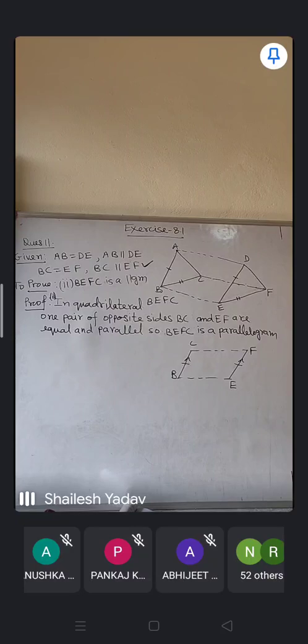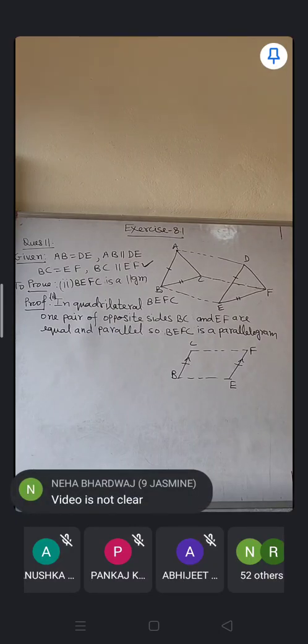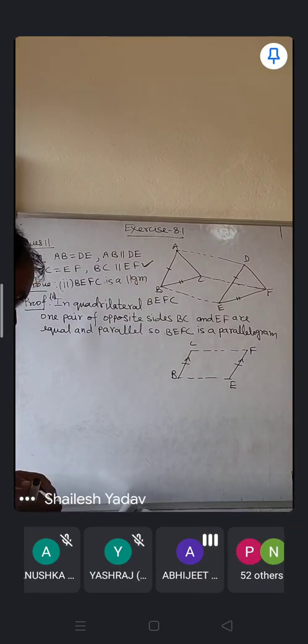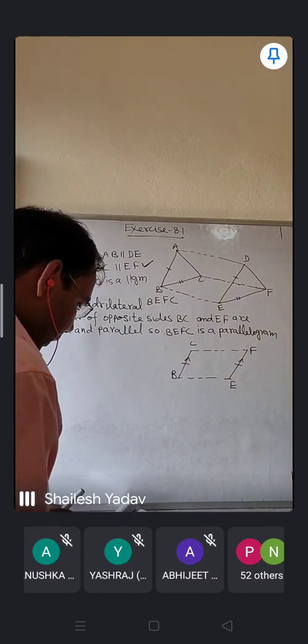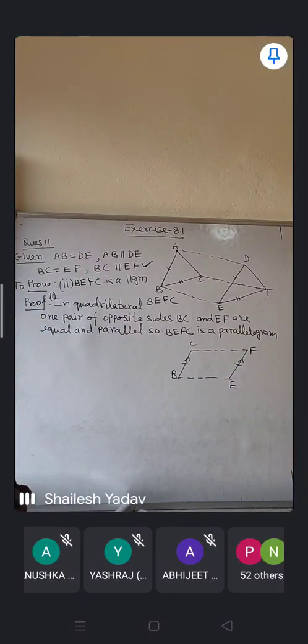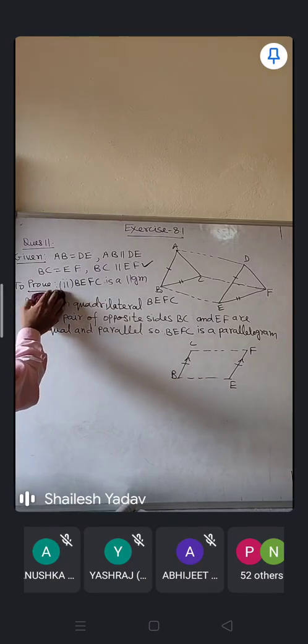So students, you have written this. Then I will go for the third part. In the third part, you need to prove that AD is parallel to CF and AD is equal to CF. I am going to erase these parts.